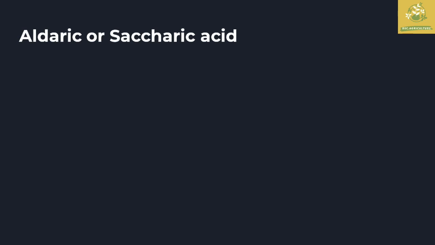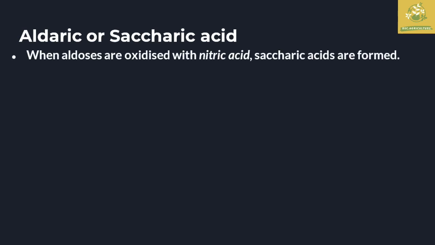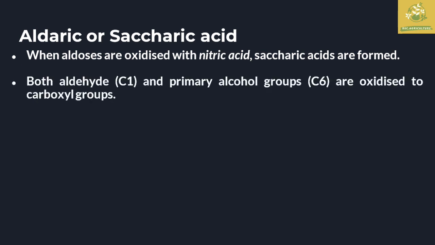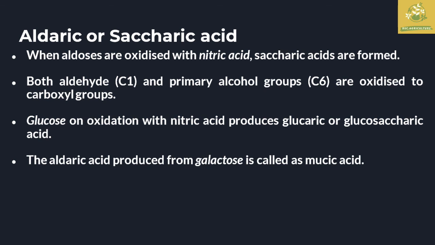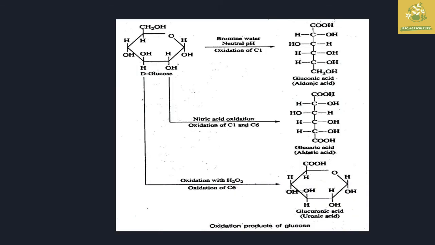Aldaric acid or saccharic acid: where the aldose is oxidized with nitric acid, saccharic acid is formed. Both the aldehyde and primary alcohol groups at C6 are oxidized to produce carboxyl groups. Glucose on oxidation with nitric acid produces glucaric or glucosaric acid. The aldaric acid produced by galactose is mucic acid.